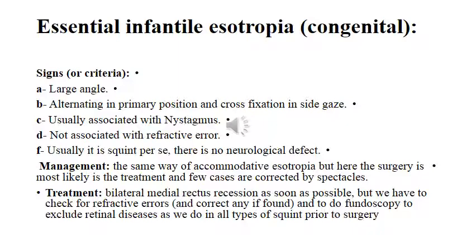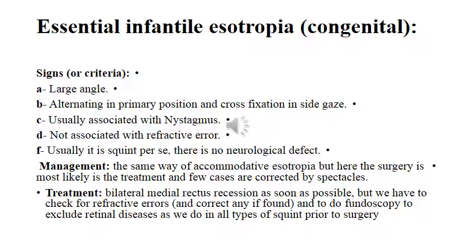Management, the same way as accommodative esotropia, we should do refraction first to make sure there is no refractive error. If there is any refractive error, sometimes it can happen, we should correct it with glasses. In addition to the refractive error examination, we need to examine the retina.